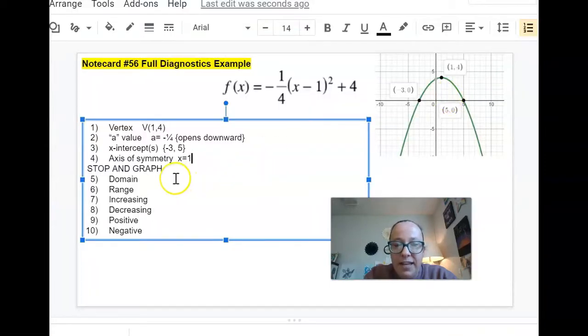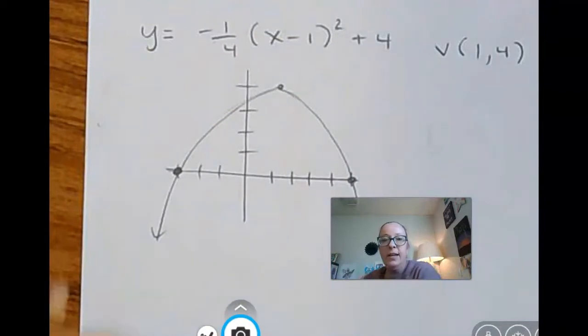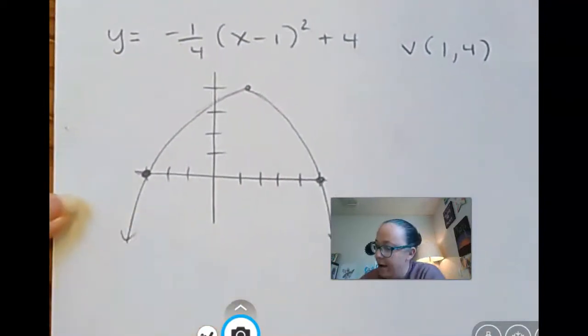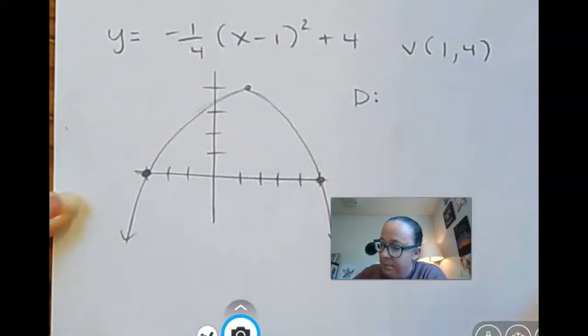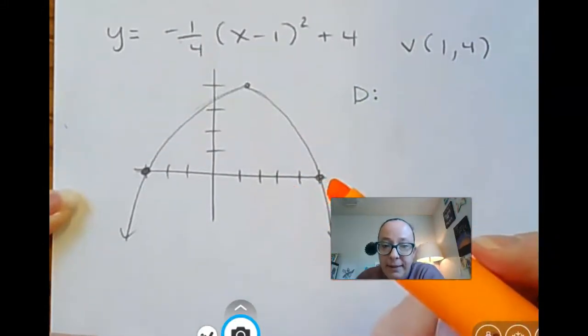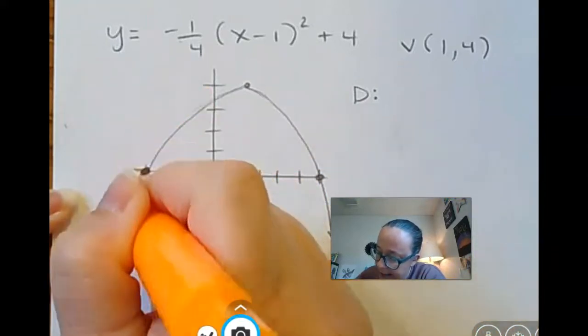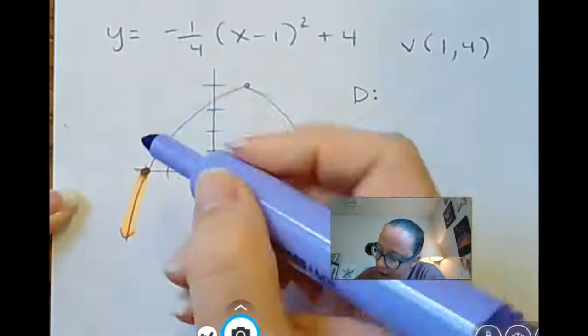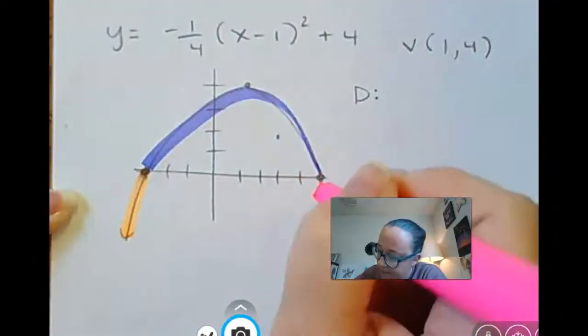All right, we ready for this? We got domain, range, increasing, decreasing, positive, negative. So I'm going to go over here to my little graph and do all of these, and then we'll transfer it over there. All right, so let's start with the domain. Remember, for a domain, you look at it, you notate it left to right. And I like to imagine splitting these into little sections that are cut by the x-axis.